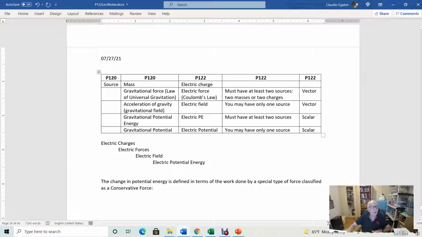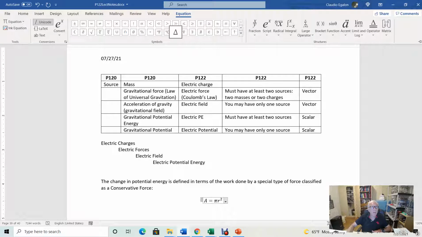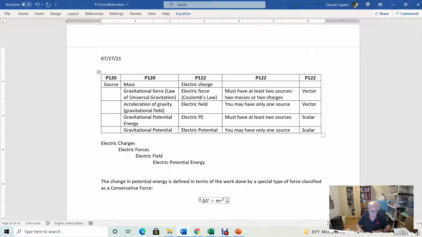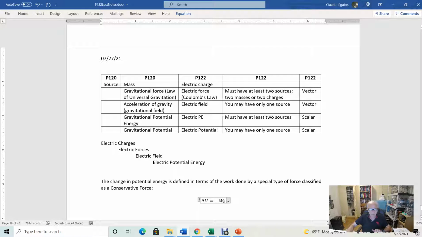Here you go. Insert equation. You've got to do the delta. Delta U is going to be minus the work done by the conservative force. We denote the conservative force by this little c.